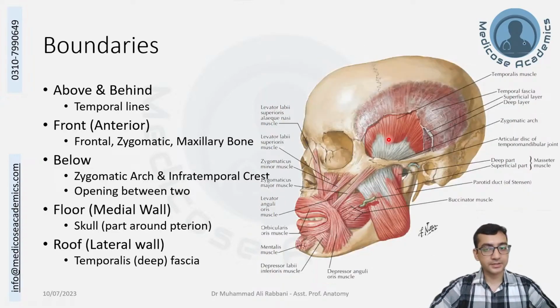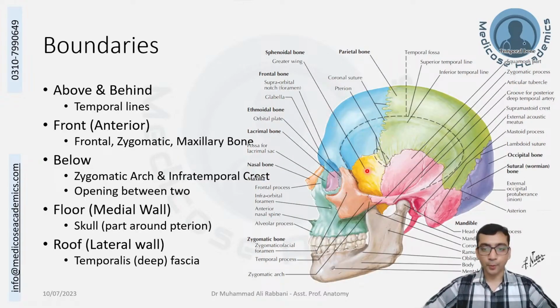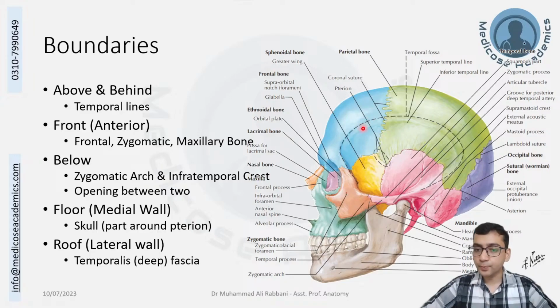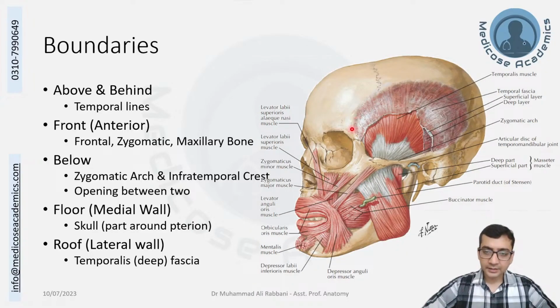Let's trace its boundaries. So it is above and behind. It is demarcated by this dotted line that was simply the superior temporal line. So upper aspect it is the superior temporal line, and posterior aspect it is the superior temporal line. To be more accurate, it is technically the line of fusion of deep temporal fascia, the temporalis fascia.